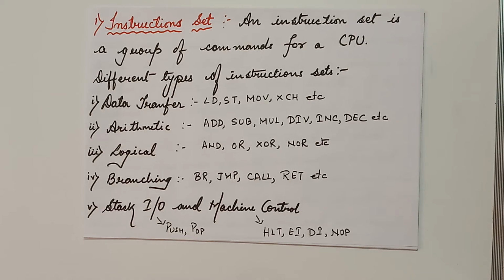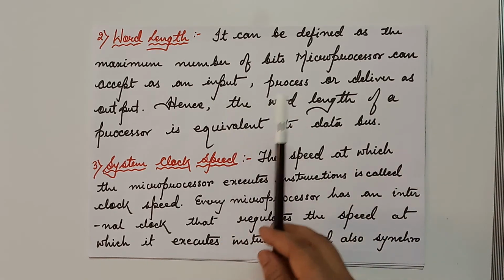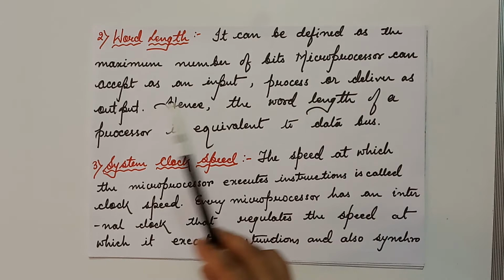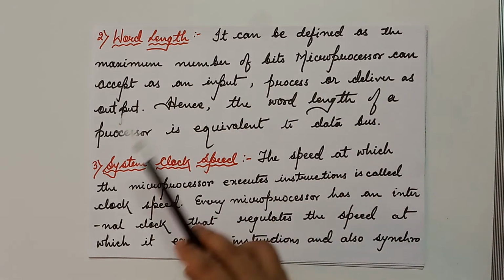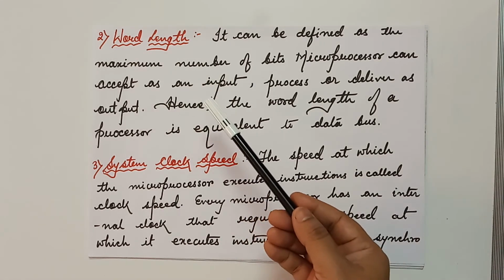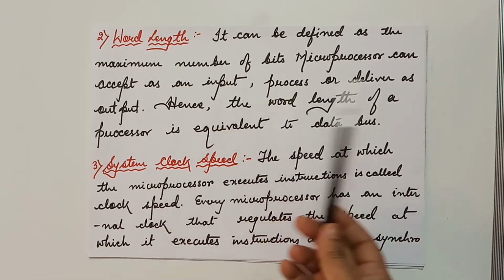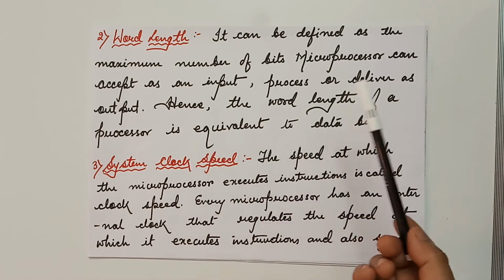Next we will see word length. Word length can be defined as the maximum number of bits a microprocessor can accept as an input, process, or deliver as output. So basically the word length of a microprocessor depends on the data bus. Hence the word length of a processor is equivalent to the width of the data bus.